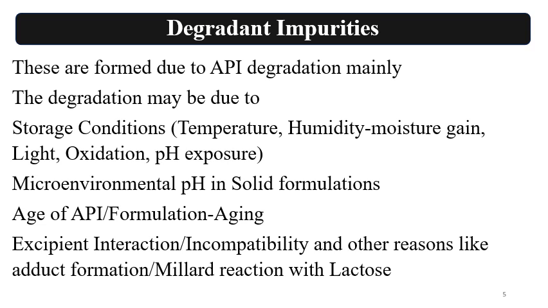The degradation of the API may happen due to storage conditions like exposure to temperature, exposure of the API or drug substance or formulation to humidity, maybe due to moisture gain, maybe because of light, oxidation, or pH exposure. Different pathways are there for impurity generation. So one of the important factors is storage condition.